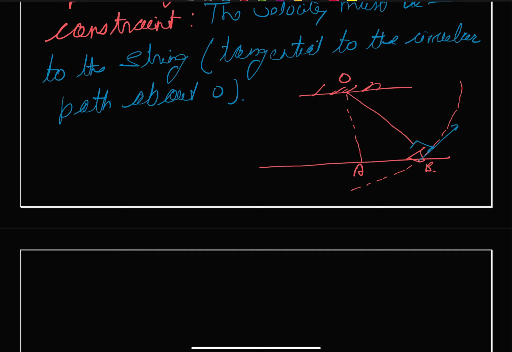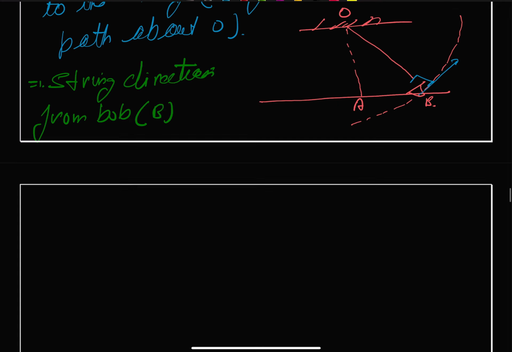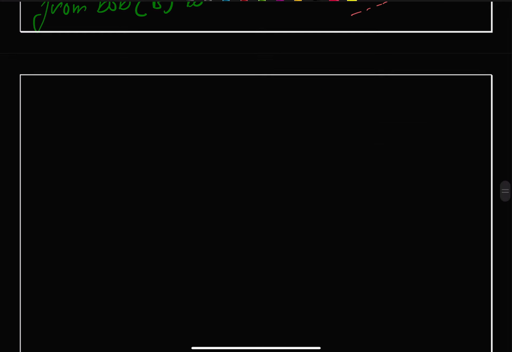And based on this, we can write the string's direction from bob, here it is point B, to O, and we can say that our position vector R will be equal to square root of 0.19 and minus 0.9, which we already wrote also.